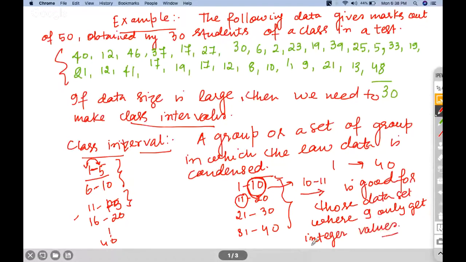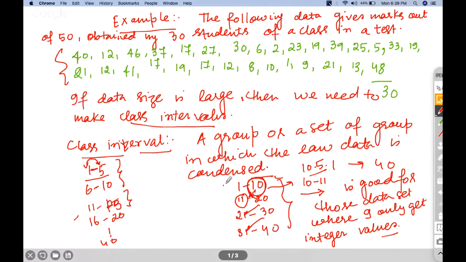If I'm getting integers, there would be no number between 10 and 11, 20 and 21, 30 and 31, so this will do my job. If I have a number such as 10.5, I will not be able to fit it.